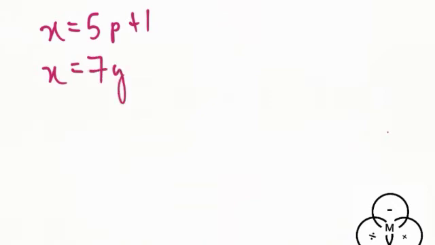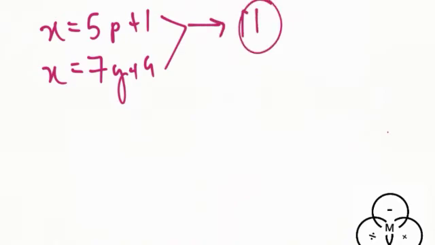Why? I'm showing you. x was equal to 5p plus 1 and x was equal to 7y plus 4, and from both equations we have got the first solution to be 11. Now it will not have only one solution, right? It will have infinite solutions, so we have to find the general term of the solution. The first is 11. Now how to find the next solution?